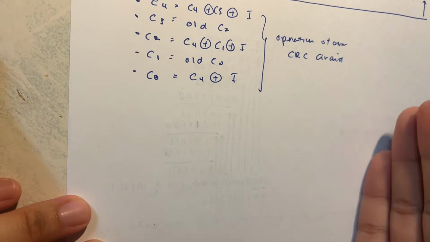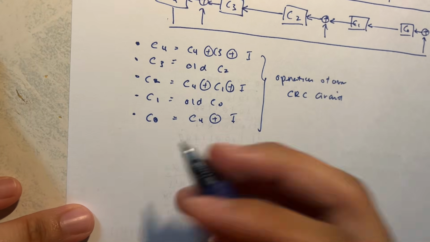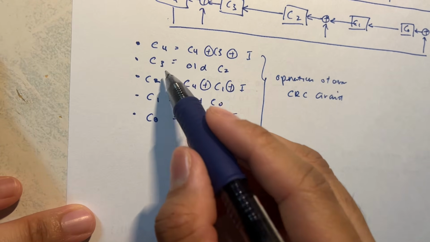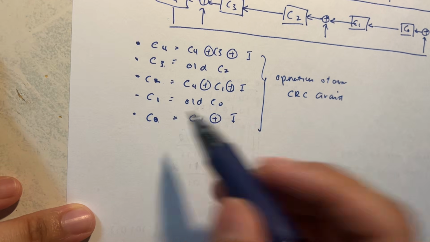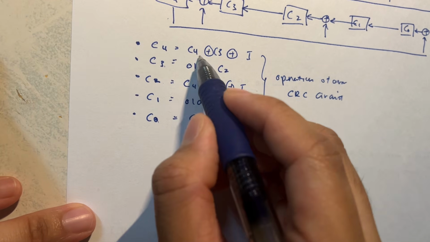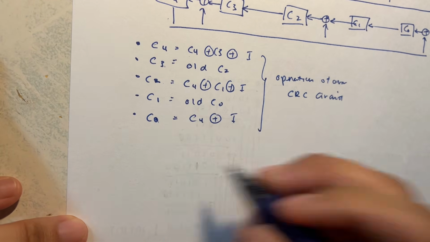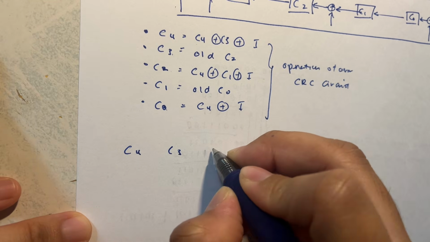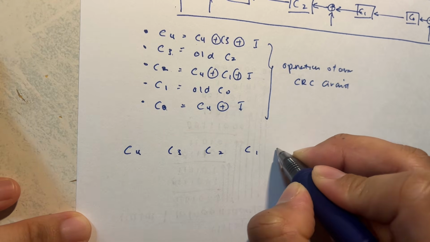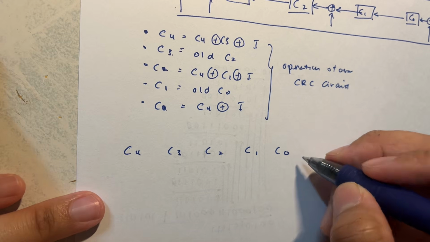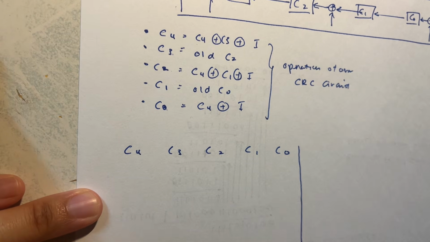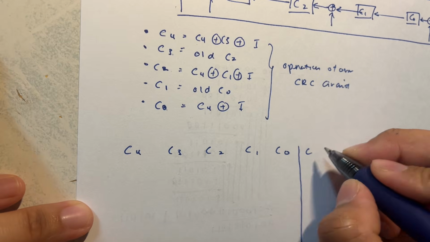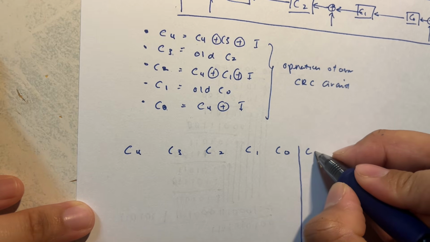So you'll have a few columns with these values: C4, C3, C2, C1, C0, and the operation. I'll just write it down. C4, C3, C2, C1, C0, and then straight in the middle you put all the operations that I listed down.